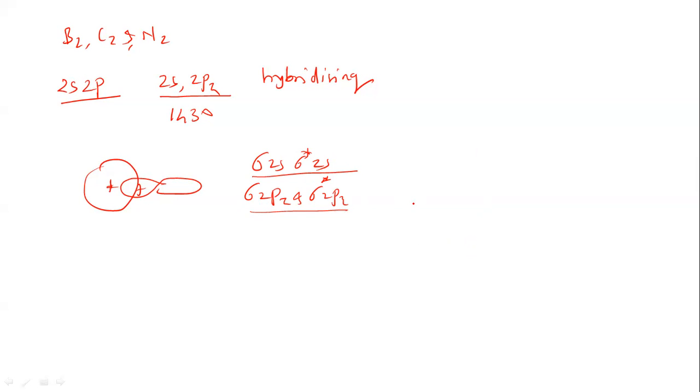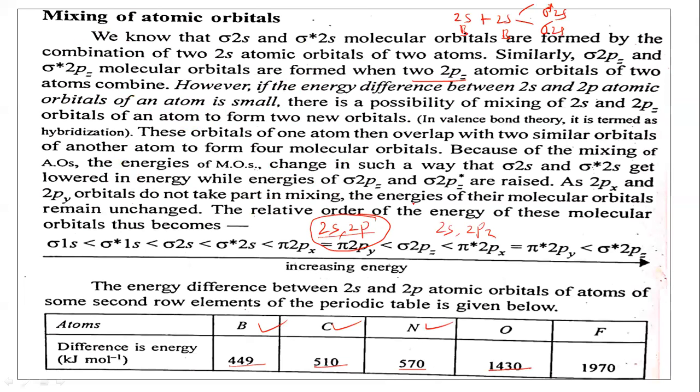This is the new change that will take place in the case of boron, carbon and nitrogen molecule. Now in this mixing, the 2px and 2py orbitals do not take part. Therefore, their energies do not change. Those molecular orbitals remain unchanged.